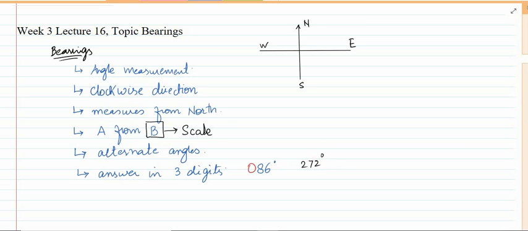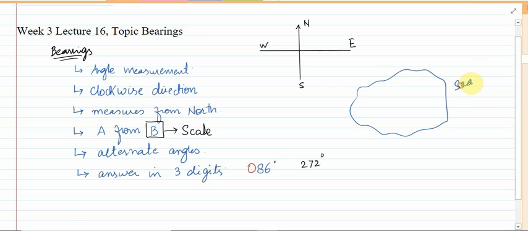Now the question arises: why do we study bearings? What is the application? The major application of bearings is in airplanes and ships, right? Now consider this scenario. Let's suppose that this is a sea, right? And the ship is here.